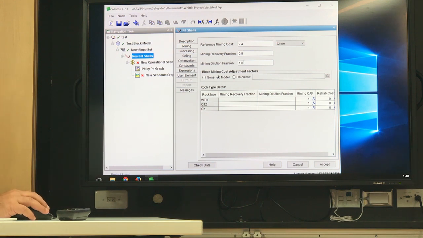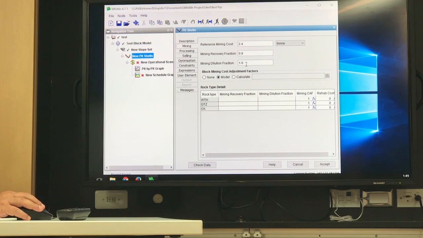Then you have another parameter, which is dilution. Dilution here is all the waste that will come with the ore and basically goes to the mill or the processing plant. This is something that you don't want, but it's going to add to your mining capacity, so it's going to be something more than one.